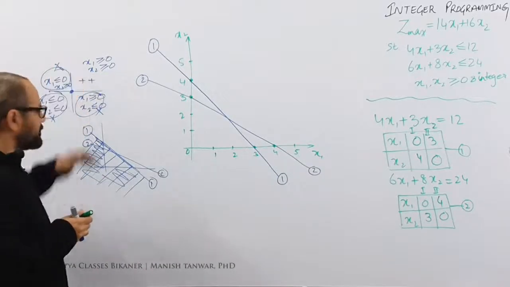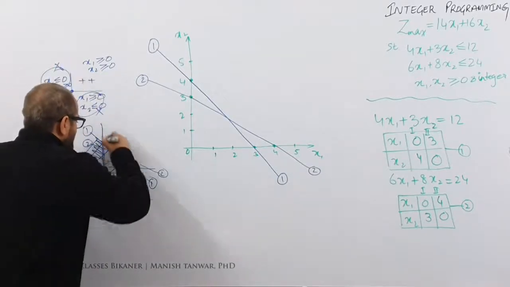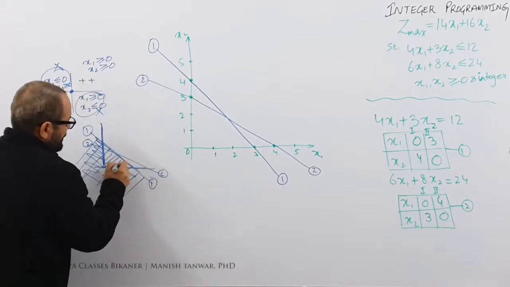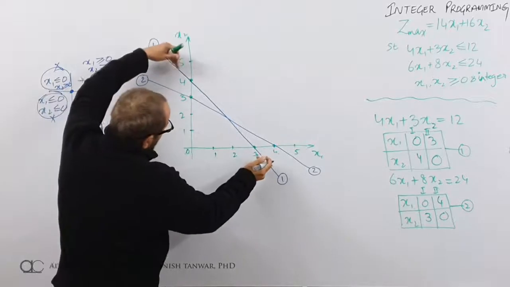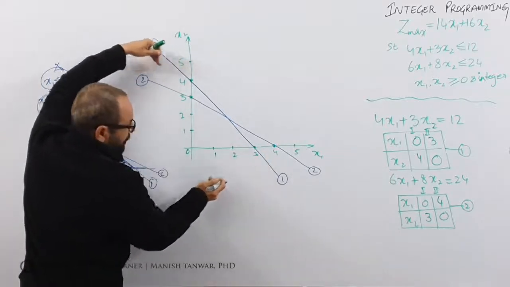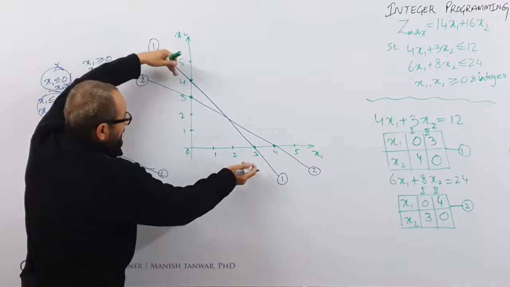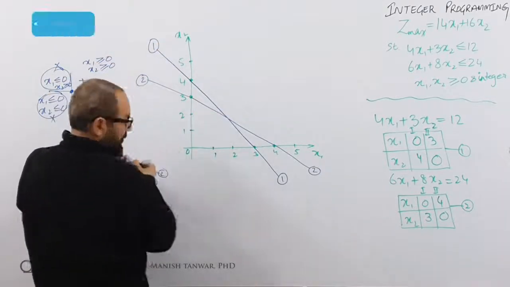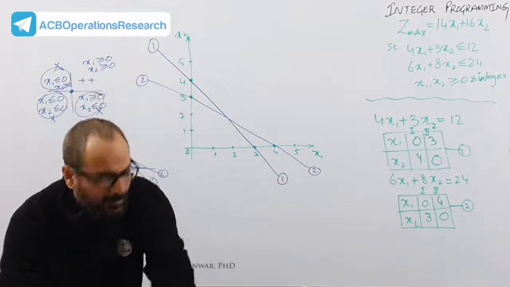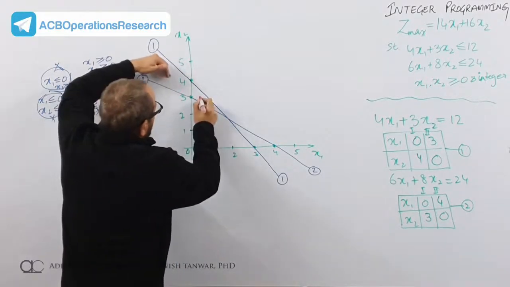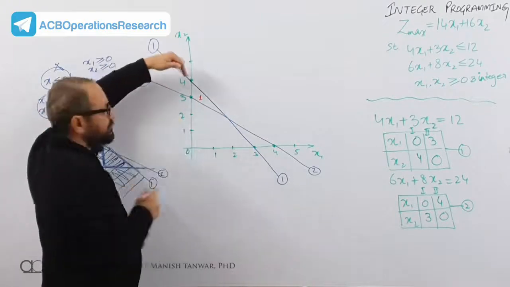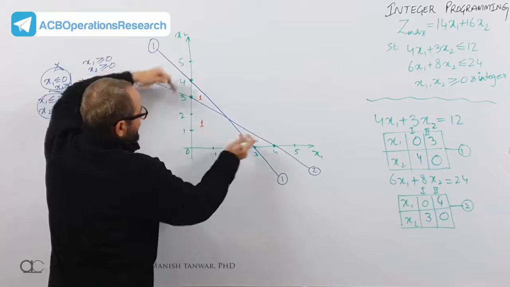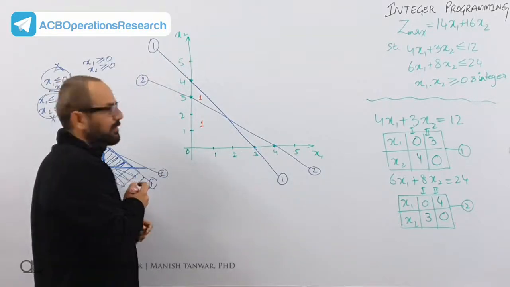I will be dealing only in the first quadrant. Where is my first quadrant? This is my first quadrant. So my area remains only this much. Everything from constraint 1 towards the origin is acceptable for constraint 1.